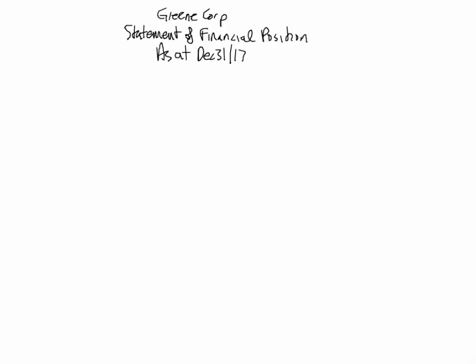So we've got Green Corporation. We have the statement of financial position as at December 31st, 2017. This is going to be partial. I'm going to do equity only. And I'm going to start with contributed capital.